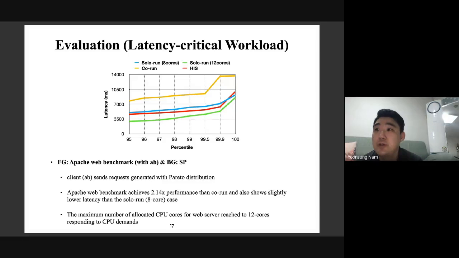As shown in the figure, HIS achieves around 2 times lower latency than the baseline, and also shows slightly lower latency than the solo 8-core case, thanks to the CPU allocation technique, which allocates more cores in response to the foreground's CPU demands.